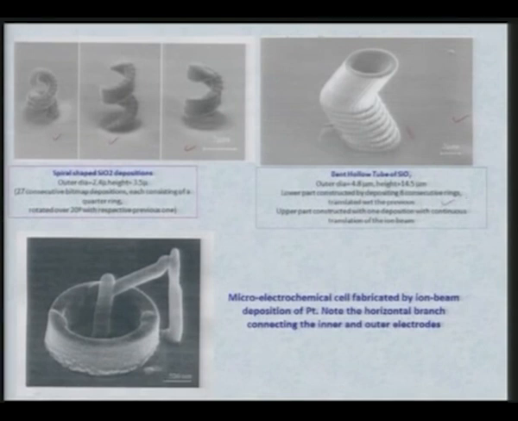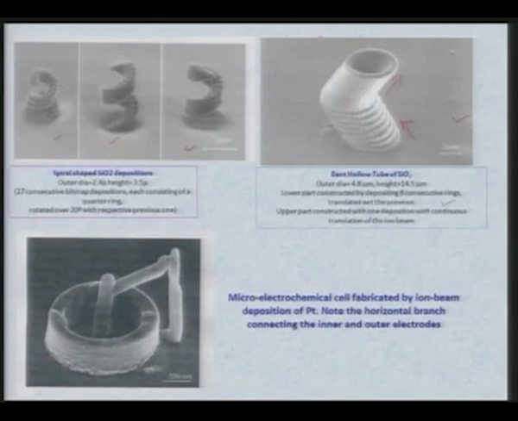So, you are depositing it and moving upward, and you are able to create it. Upper part constructed with one deposition with continuous translation of the ion beam. This is the upper part, and this is very interesting. Such micro products have been developed.